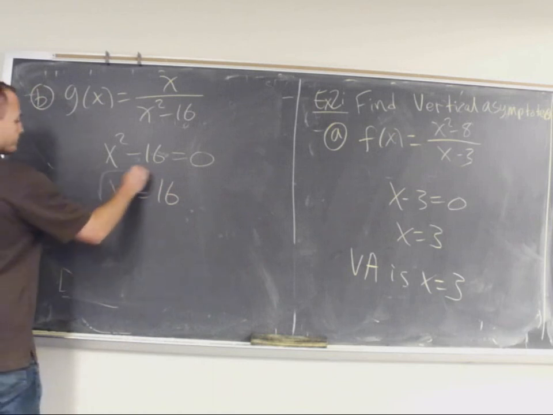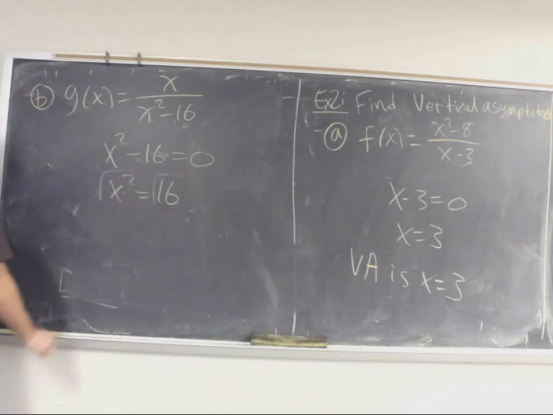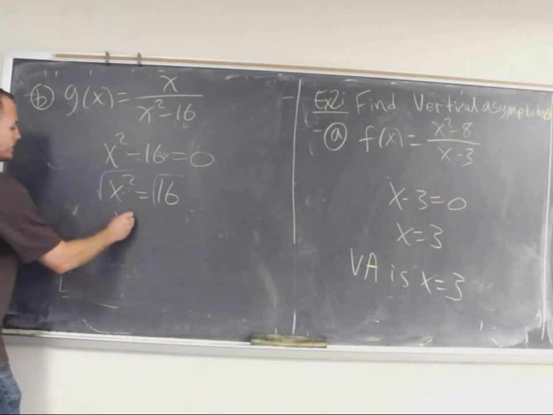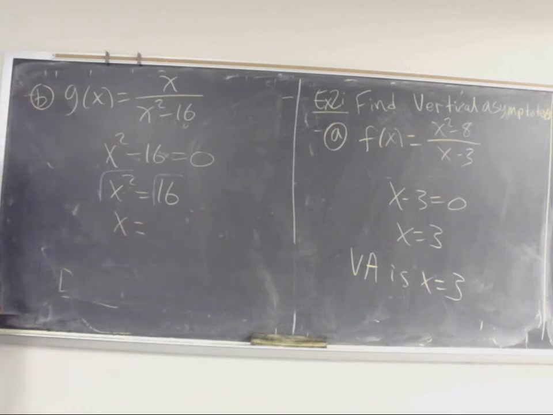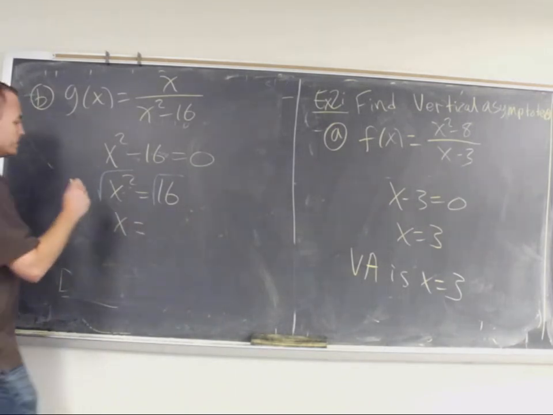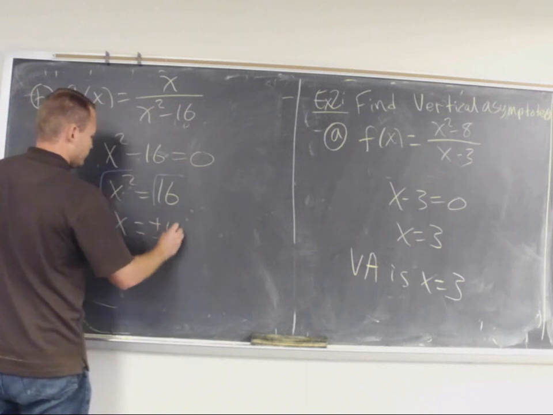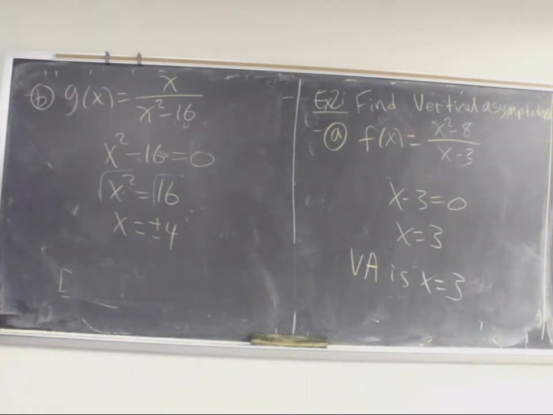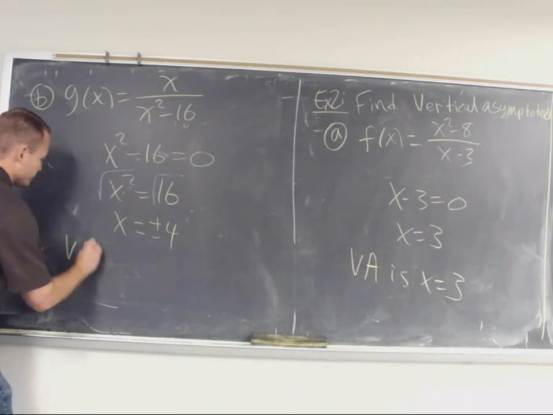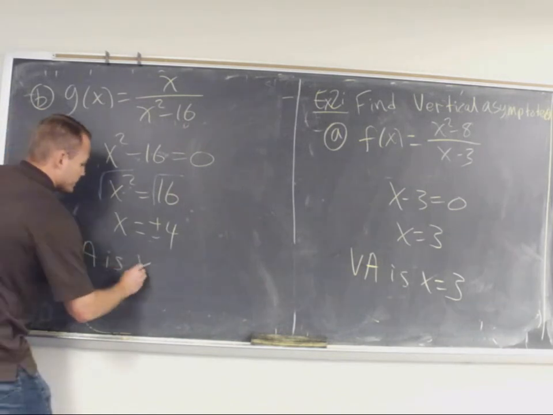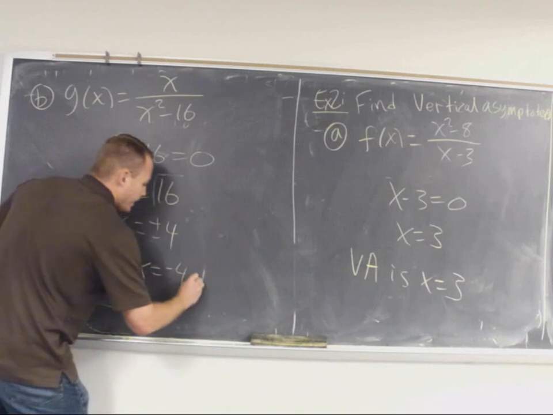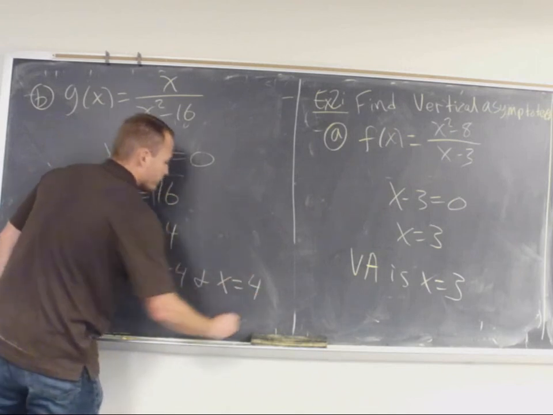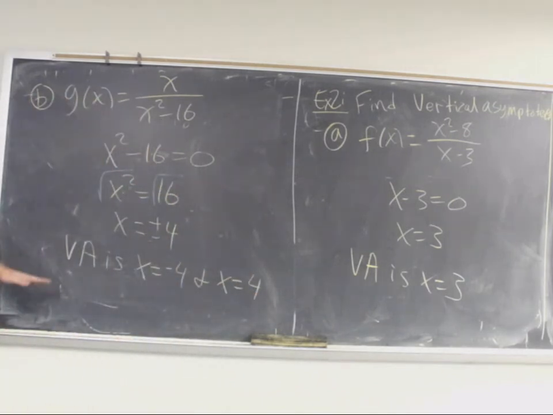Then you have to square root both sides. So x is equal to, what is x equal to? Plus or minus 4. Or plus and minus 4. So this tells you that we have vertical asymptote is x equals -4 and x equals 4. So now we have two of these things.